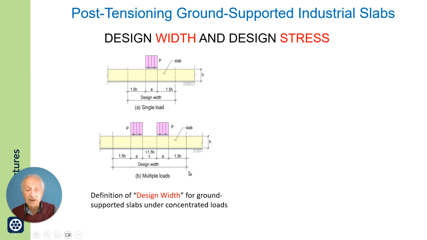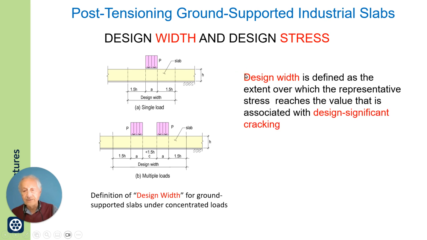What does this mean? We will use the actions on the design width and try to determine whether cracking over this length is likely to occur or how much it is likely to be, and whether it is going to impair the performance based on our design criteria.